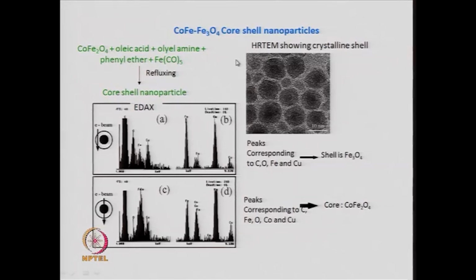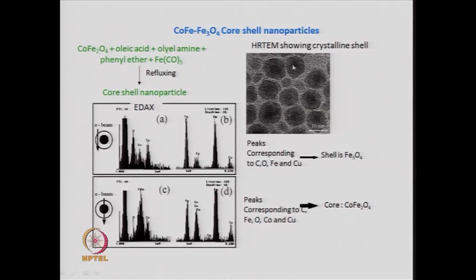So, this is an example of a core shell structure where you have cobalt iron alloy as the core particle, and iron oxide as the shell. This is the high resolution transmission electron micrograph, showing the crystalline shell around a core.